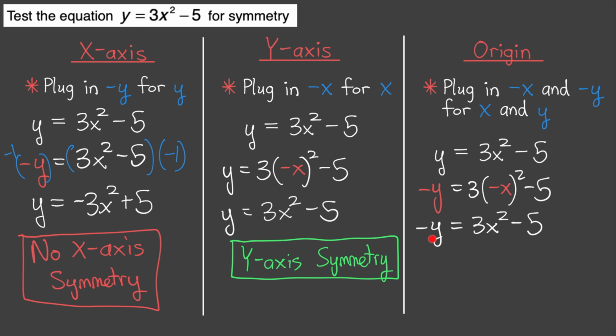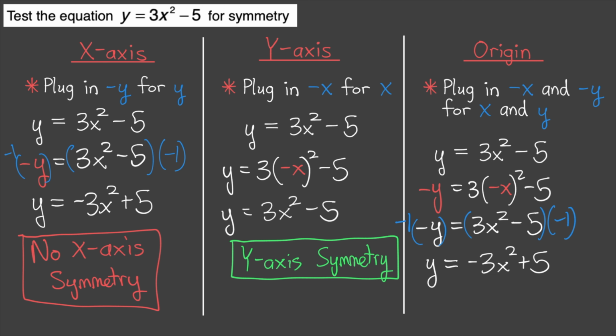I'm going to times both sides by negative 1 to make this y positive. On the left side, we have negative 1 times negative y, which equals positive y. Whenever we multiply a bunch of terms by a negative, it just switches the signs of the terms. So this will now become negative 3x squared plus 5.